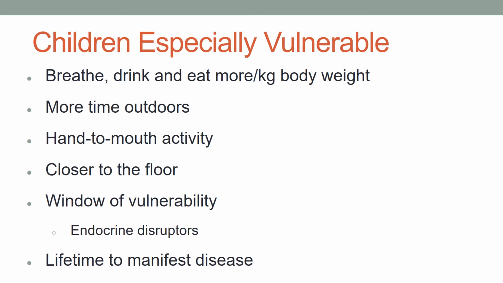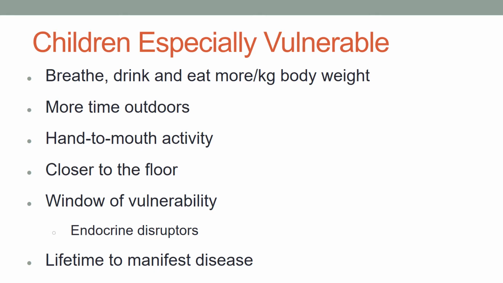So, a slight fluctuation in these hormones in a child, particularly to an organ that is very sensitive to that particular hormone, can lead to permanent structural and functional damage.